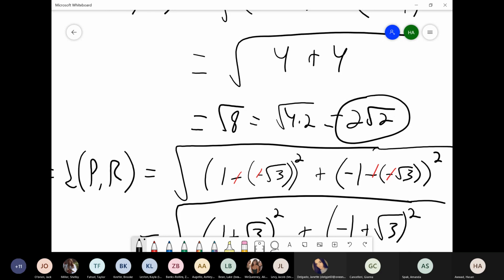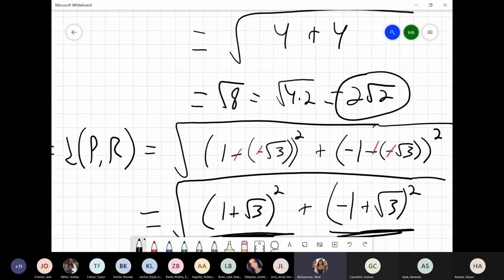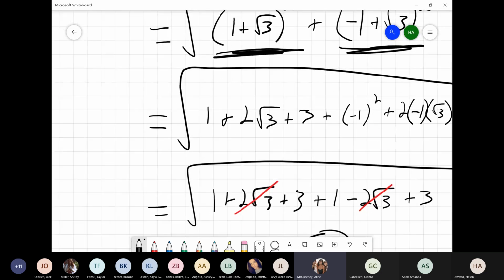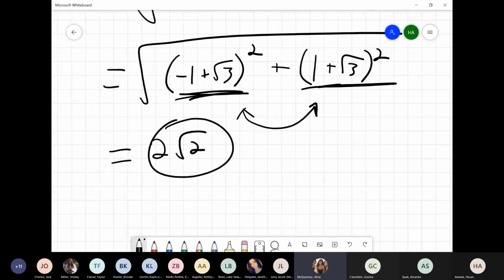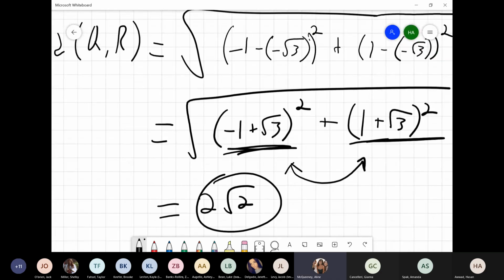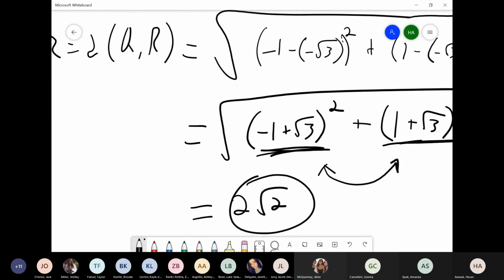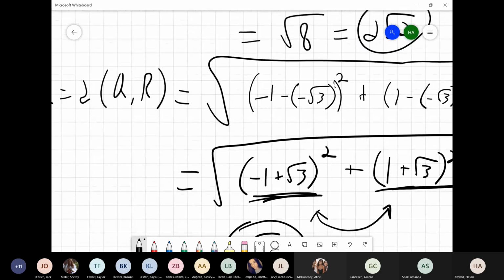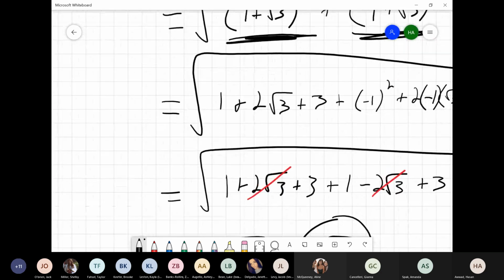Yes, Aline. So for a test or a quiz, would you want us to go through the full problem instead of just skipping right to the 2 radical 2? Are you talking about like at this point right here? Yeah. If you notice that this will give you the exact same result, sure, save work. Just give me a really short, quick sentence being like, this is redundant, or this is the same thing as up above.